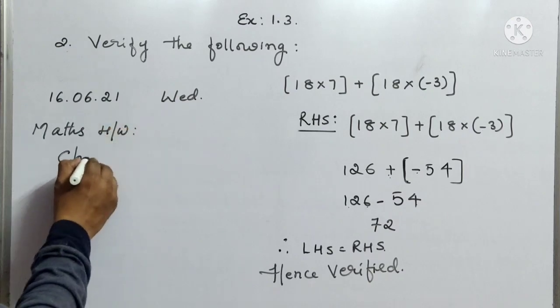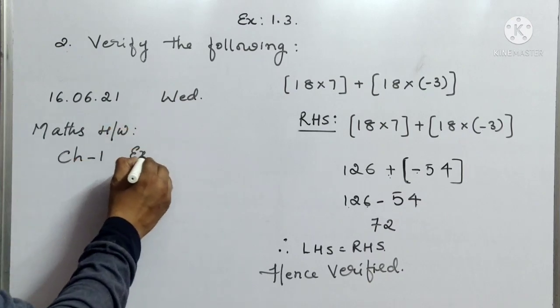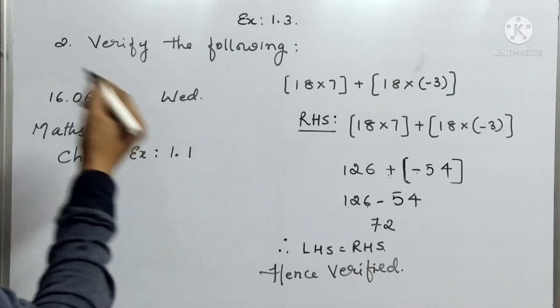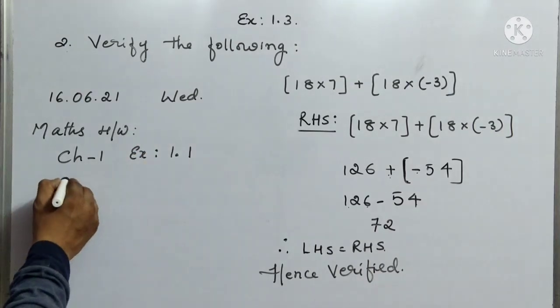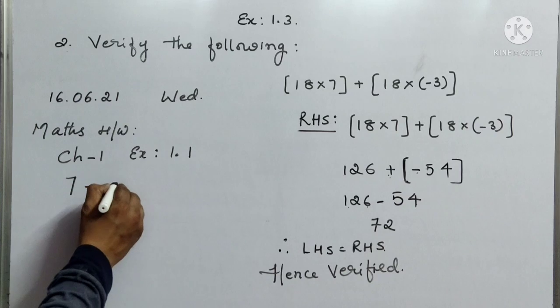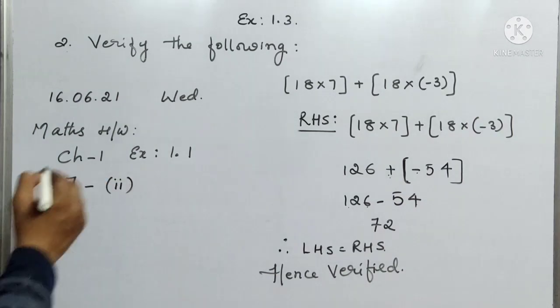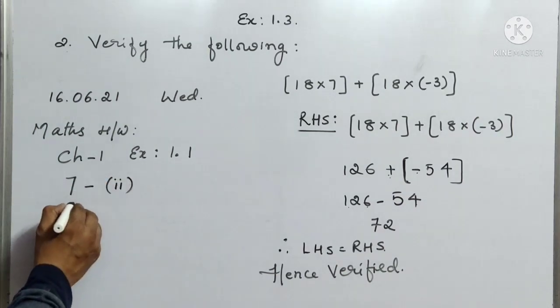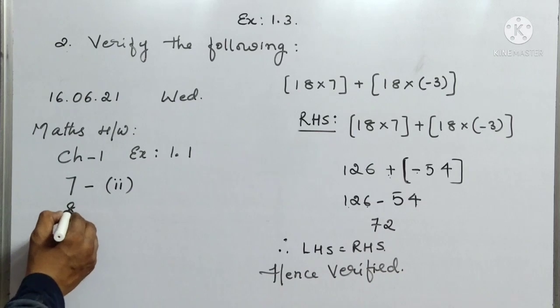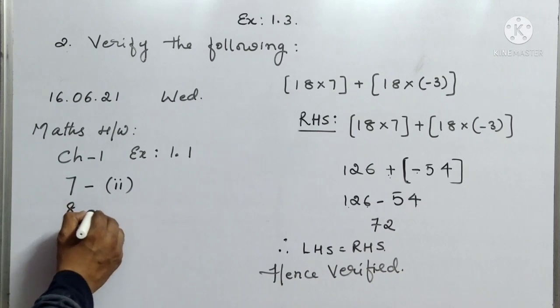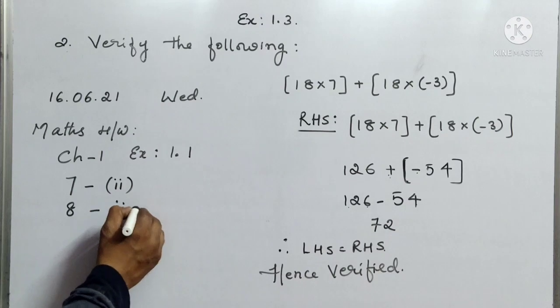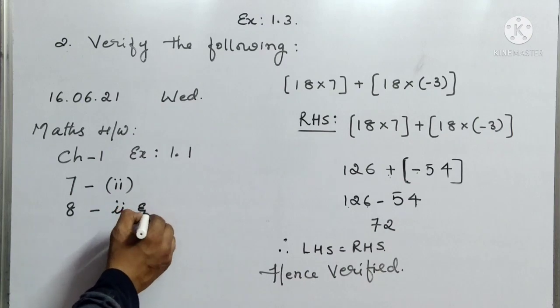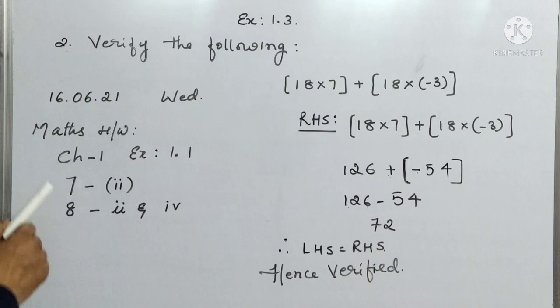Chapter 1, exercise 1.1. 7th Roman, second question, because I already finished the first one, and 8th Roman I finished the first and third one. So we are left with the second and fourth. So chapter 1, exercise 1.1, 7th Roman second one, and 8th Roman second and fourth. These two sums are homework.